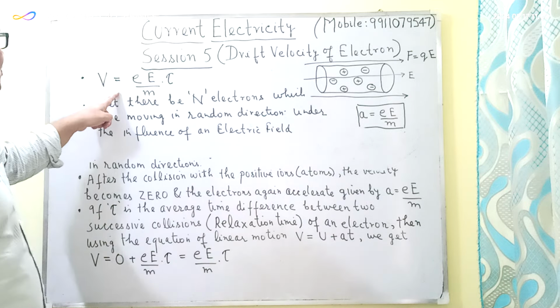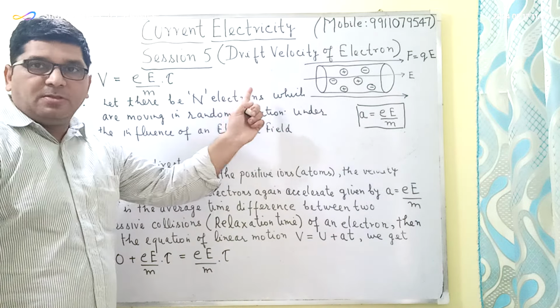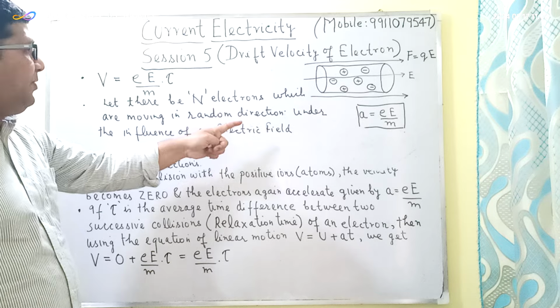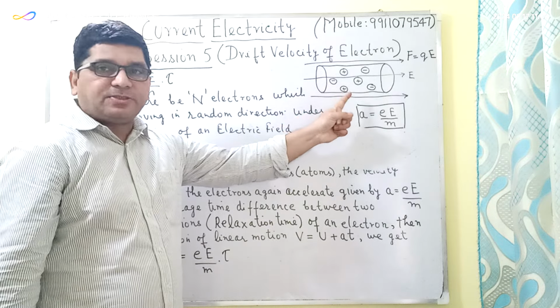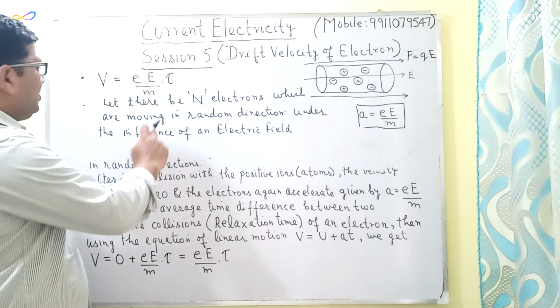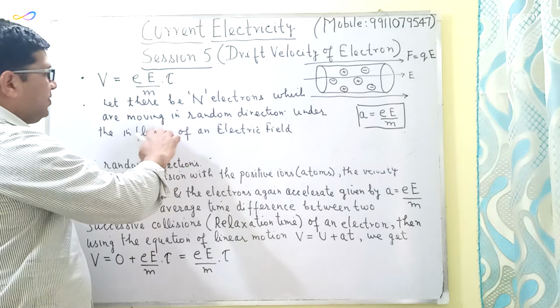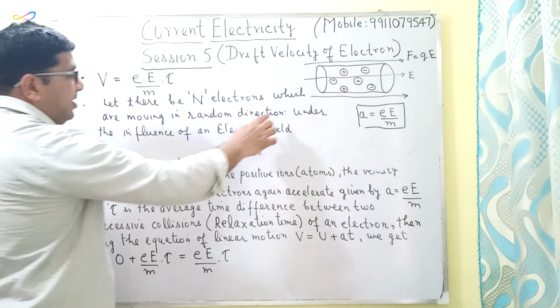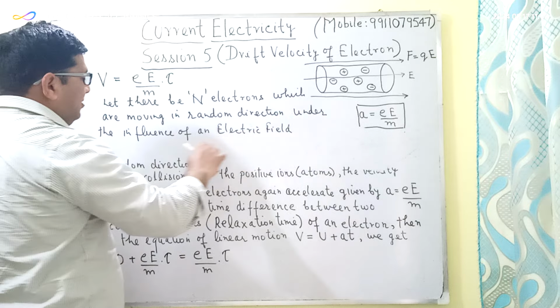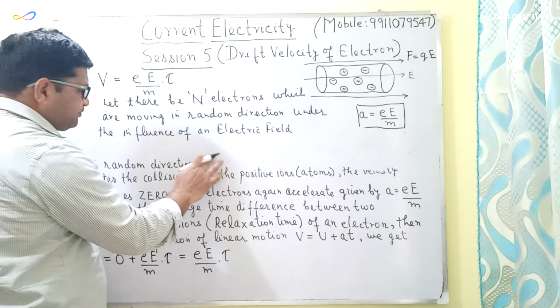This is the average velocity of an electron when a conductor is placed in an external electric field, but I am considering that there are n electrons which are moving in random directions under the influence of an external electric field.